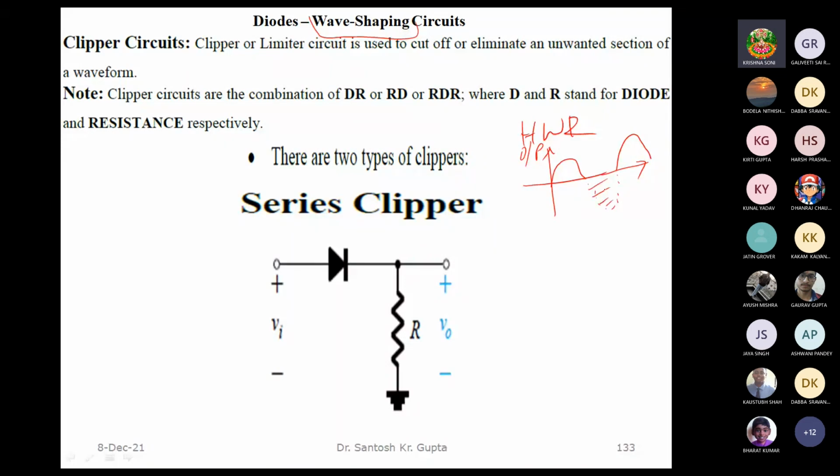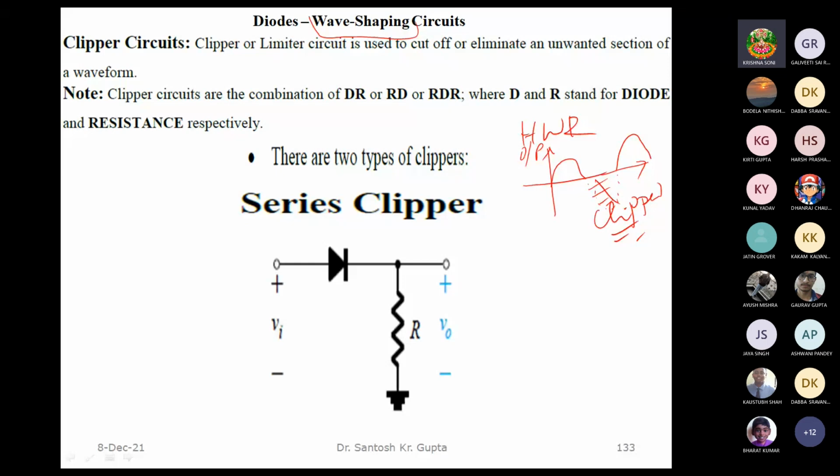This is the clipped portion. So the half-wave rectifier which we have seen is nothing but clipping completely one half cycle from the input signal. This is an example of a half-wave clipper circuit.